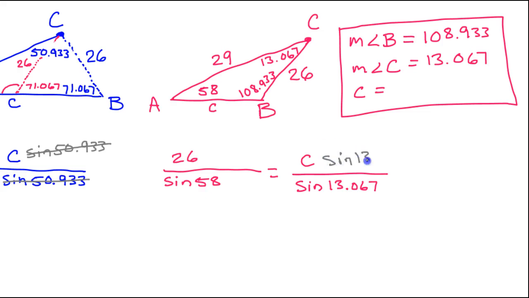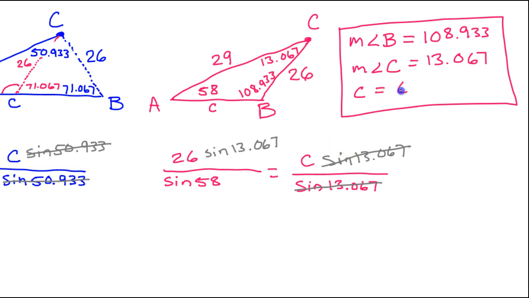sine of 13.067. Okay, so these will cancel out, and that will leave side C by itself. So I'm just going to put this entire expression in my calculator all at once.